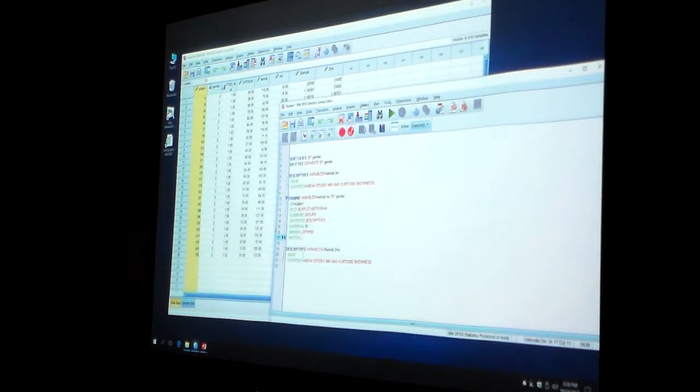And then we don't want this save command. This is telling us to save z-scores. We don't need to z-score our z-scores. So we get rid of that, and all of a sudden we have our statement to look at our descriptives.